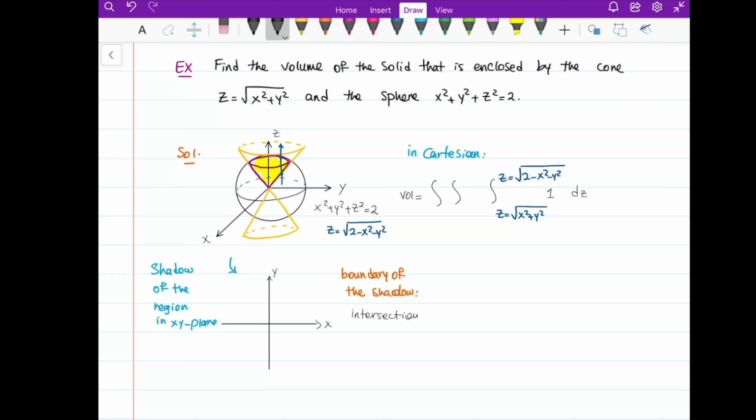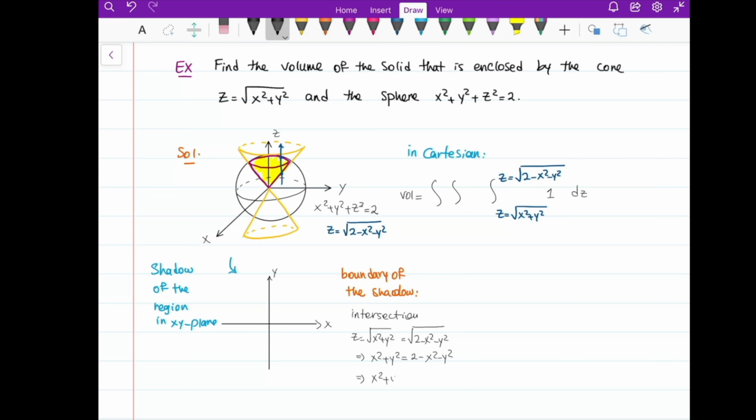So how can I find the intersection? I say z equals the equation of the cone. I'm going to set both of them equal to each other, the cone and the equation of the sphere, which is the square root of 2 minus x squared minus y squared. I'm going to square both sides. So x squared plus y squared equals 2 minus x squared minus y squared. I'm going to bring x squared and y squared to the other side, so I get 2x squared plus 2y squared equals 2.